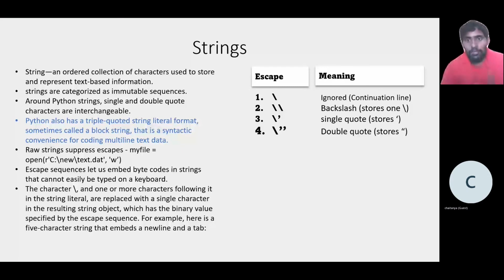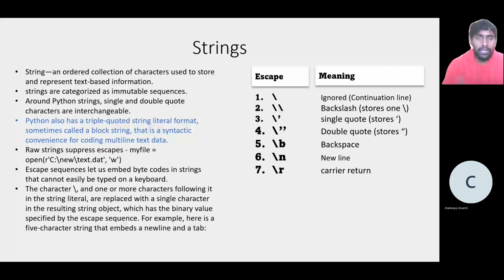If you use a backspace, then it will give a backspace in your string. If it is a new line, we have discussed already: Chaitanya \n Kakinada \n Andhra Pradesh. When you execute it, you will get Chaitanya in the first line, Kakinada in the second line, and the other one in the third line.